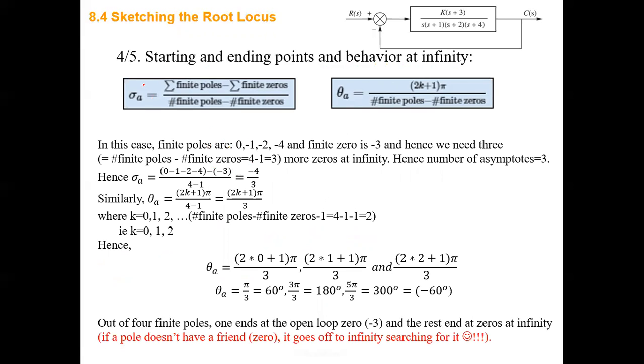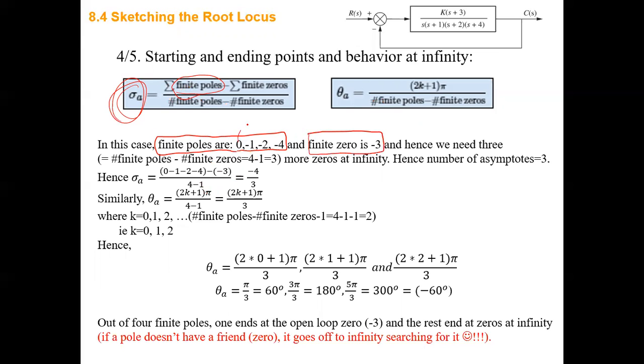Now let's use sigma a, where the asymptotes meet on the real axis. What is the formula? The sum of finite poles: the finite poles are 0, -1, -2, -4. What are the finite zeros? There is only one finite zero, -3.